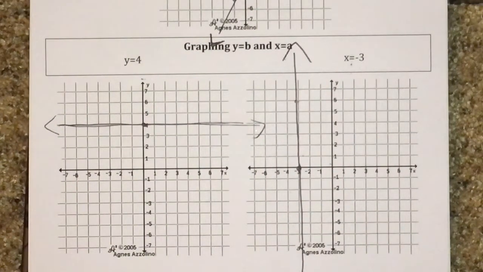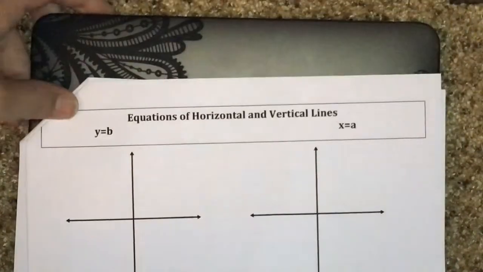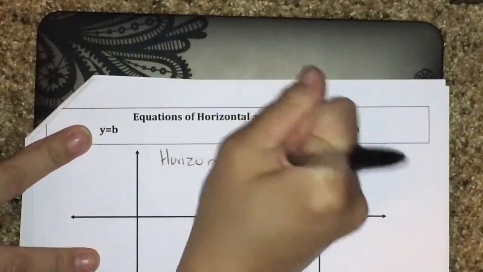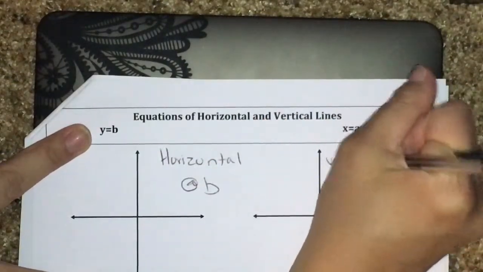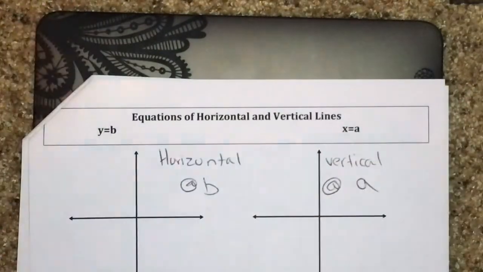Y could be negative 30, and x will still be negative 3. So y equals b, you're always going to have a horizontal line at b, and x equals a, you're going to have a vertical line at a.